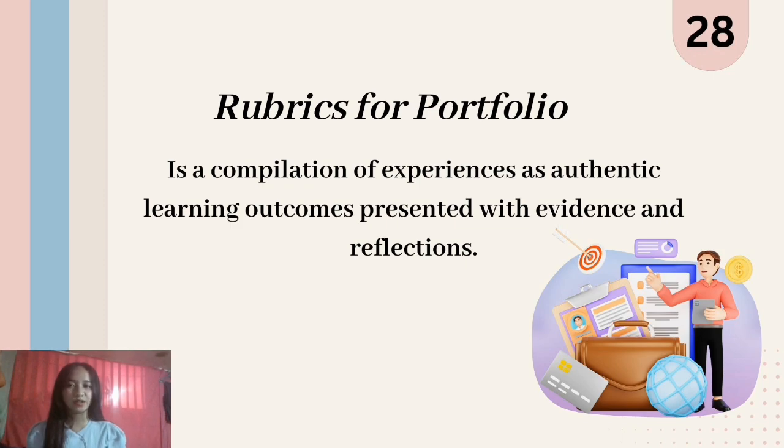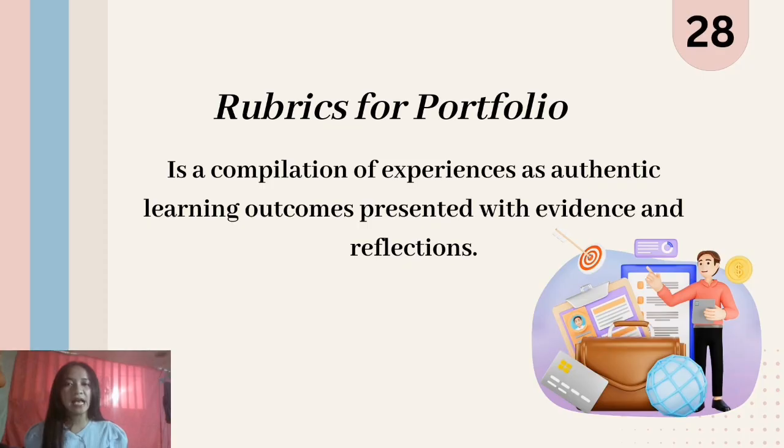Rubrics are structured tools that clearly outline criteria for evaluation along with different levels of performance for each criterion. A rubric breaks down the assessment into categories, for example creativity, accuracy, organization, and describes performance levels for each category.